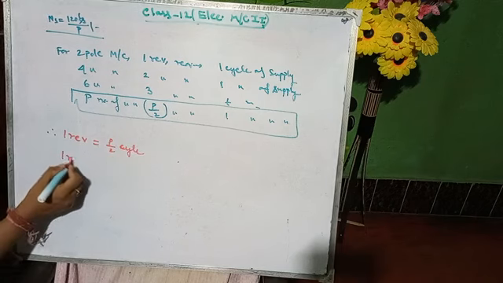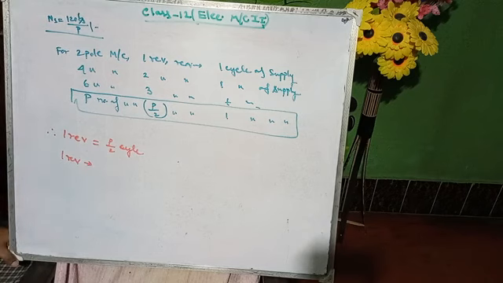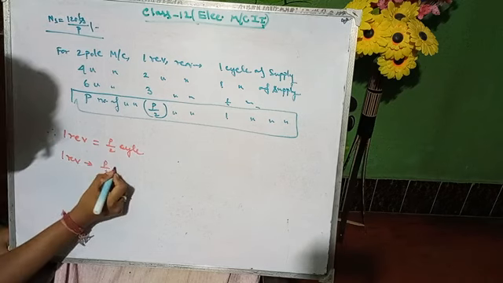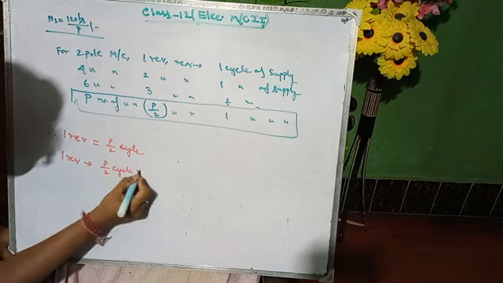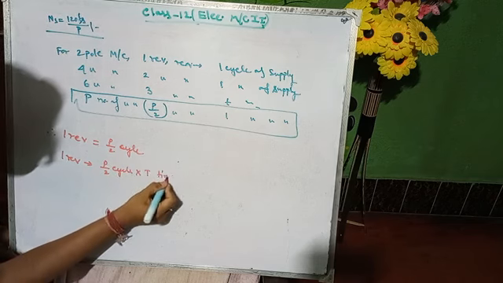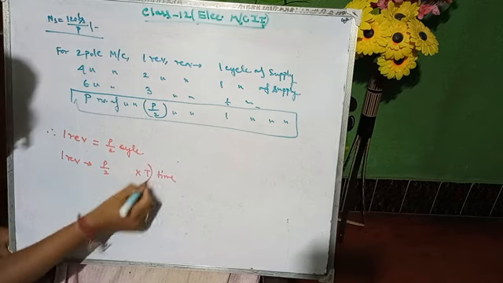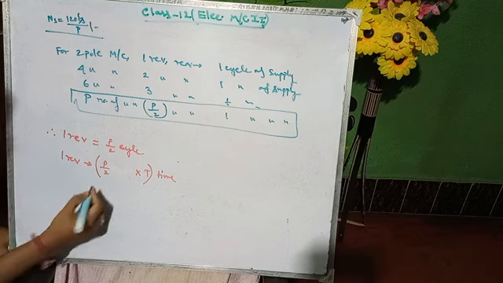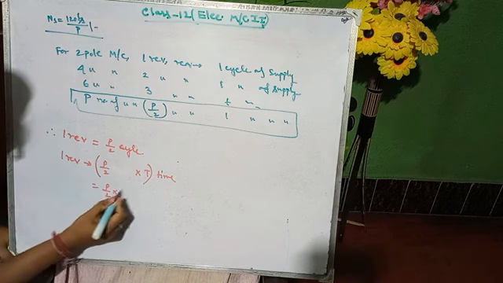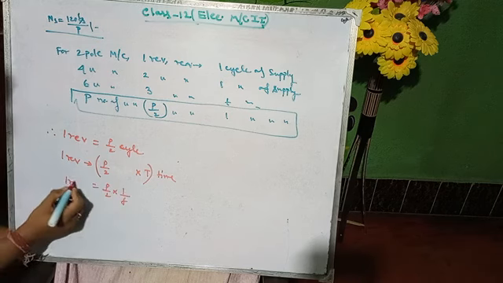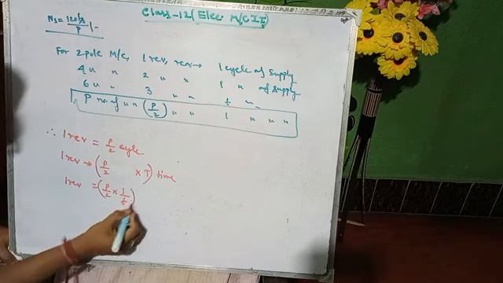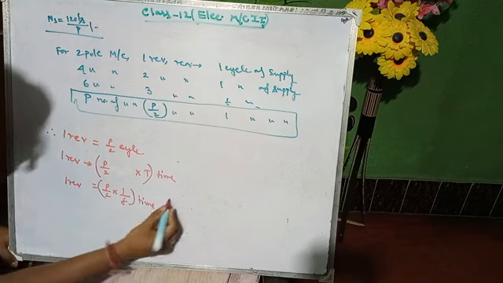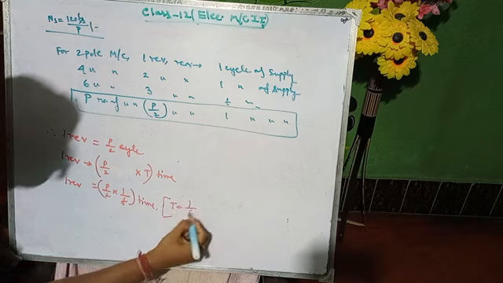And 1 revolution takes how much time? 1 revolution takes P by 2 cycles into capital T time, that is P by 2 into 1 by f, as T equals 1 by f.